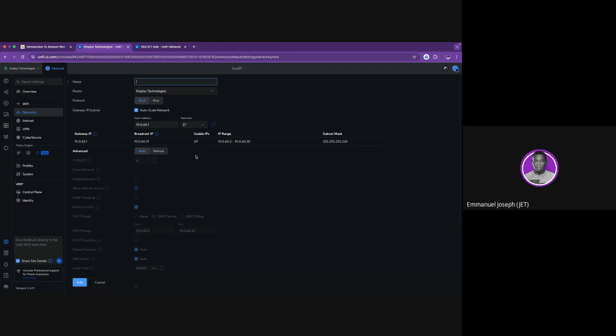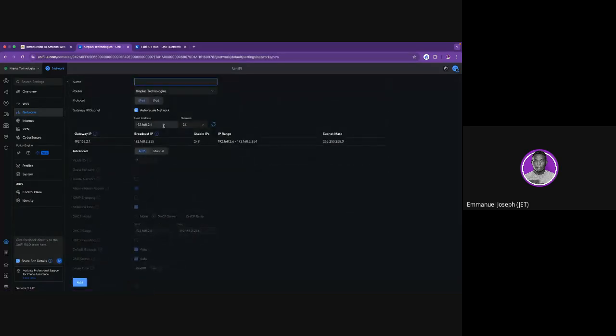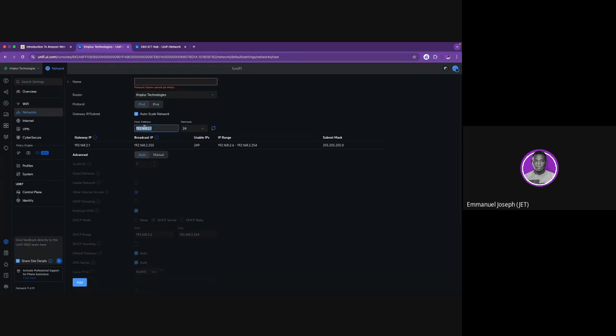So let's call this class C subnet 1. Add. You can see it was successful. If it was not properly configured, it's not going to be successful. And you can see it's giving us 21 available IPs. So if you go to new virtual network, who will tell me the next IP? Who knows the next host address, rather?